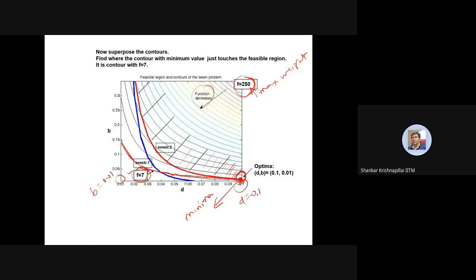Maximum weight of the beam is 250 kilogram, which satisfies all the constraints. So if you are asked to maximize, then this is the answer. That is D equal to 0.1, B equal to 0.35. So this is the maximum.